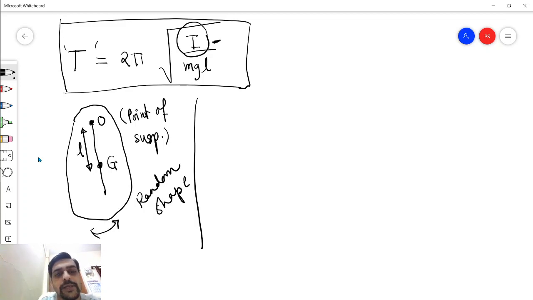suitable for experiments. For that purpose, we use the famous parallel axis theorem.